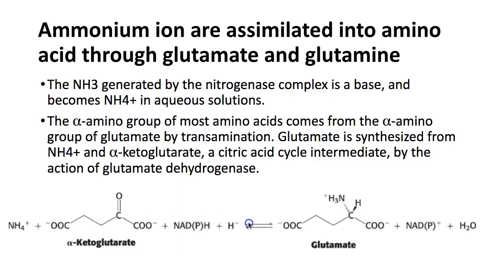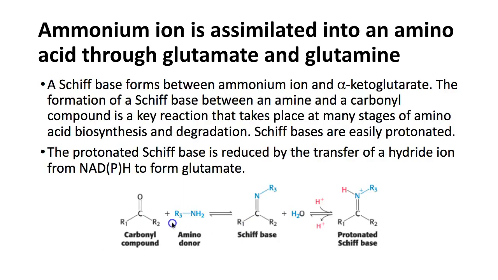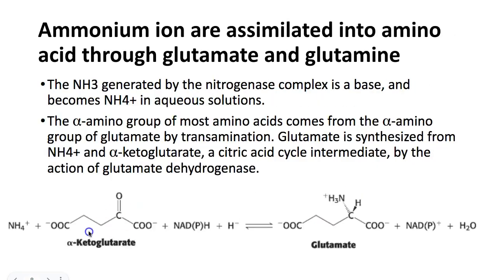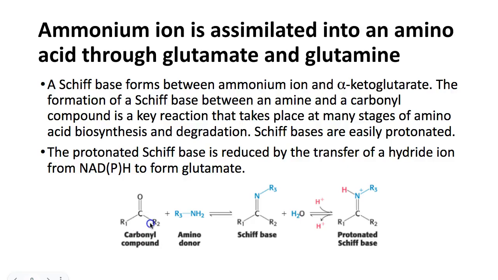And so, as far as breaking this down, we have this general term where you have a carbonyl that represents this alpha ketoglutarate. So you have the carbonyl and you have two R groups to the side. That is what this is representing.